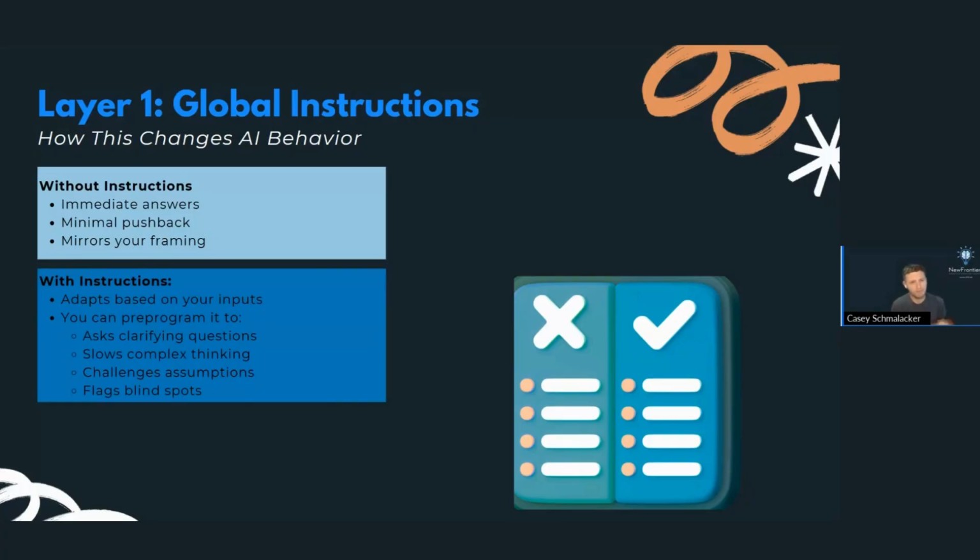And so you can pre-program it to do things like ask clarifying questions, slow down any complex thinking to make sure that we don't rush to decisions or outcomes. You can inform it to challenge assumptions. You can inform it to flag blind spots. You can inform it to provide alternate perspectives.